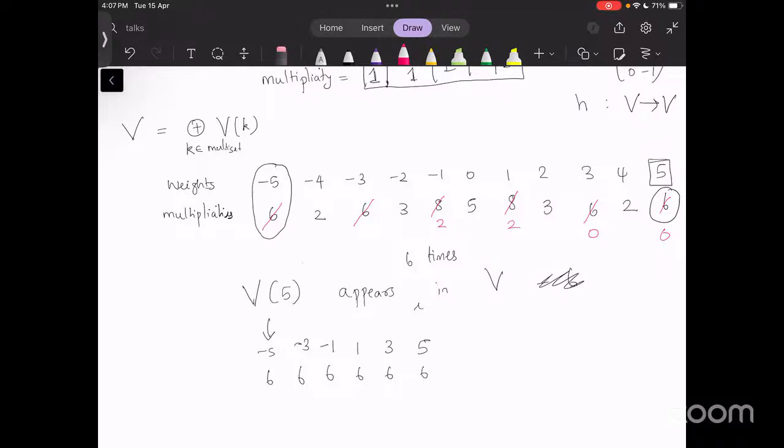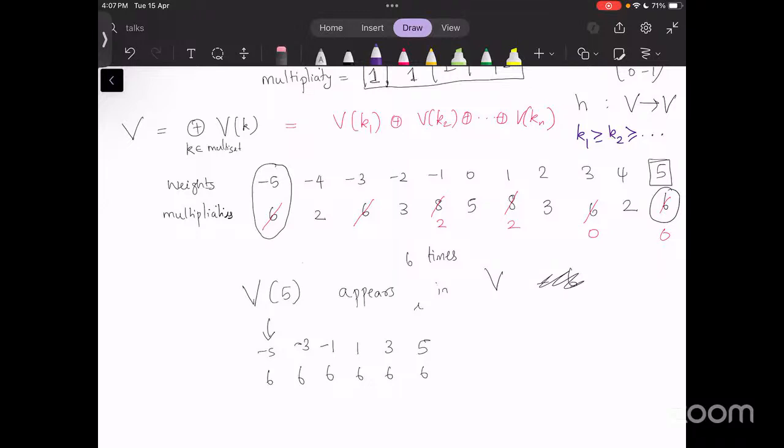See, you have V as the direct sum of the V_k. Let's write this as V_K1 direct sum V_K2 direct sum, let's say V_Kn. Let us further assume that K1 is the largest, K2 is the second largest, and so on.